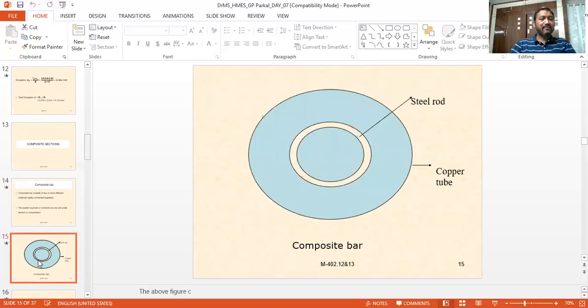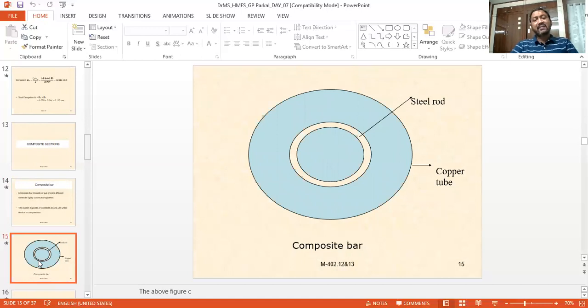Now this is one of the examples. There is a copper tube having an outer diameter and inner diameter, and there is a steel rod inserted in the copper tube.